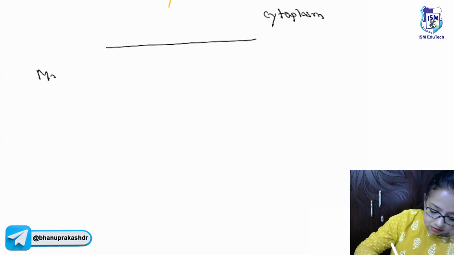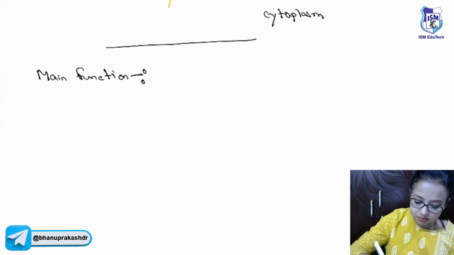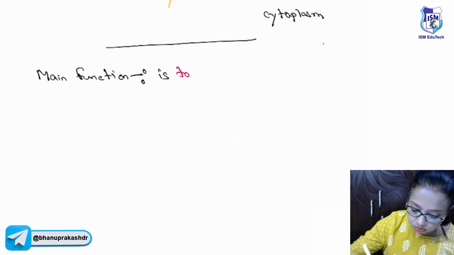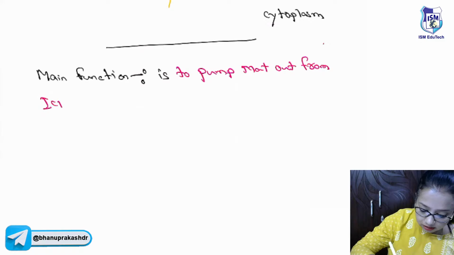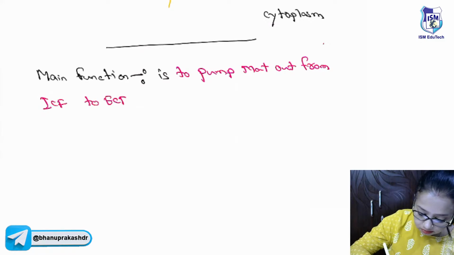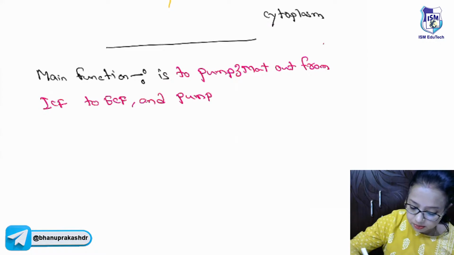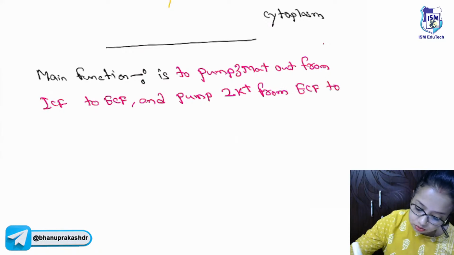The main function of this pump is to pump sodium out from ICF to ECF, specifically 3 sodium molecules out, and pump 2 potassium molecules from ECF to ICF.